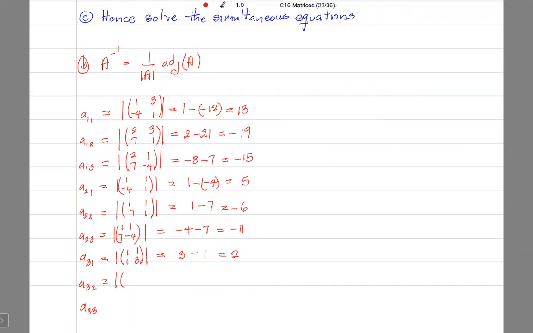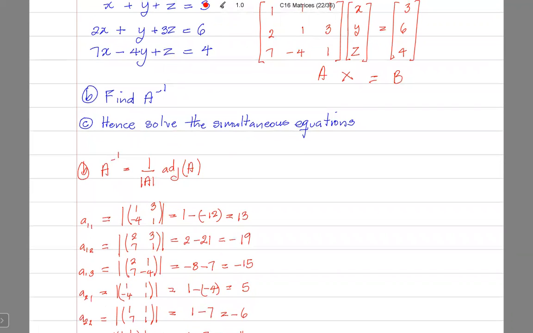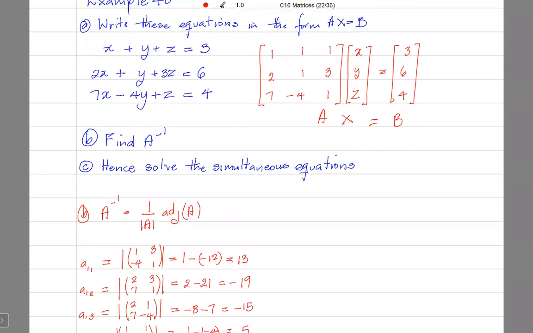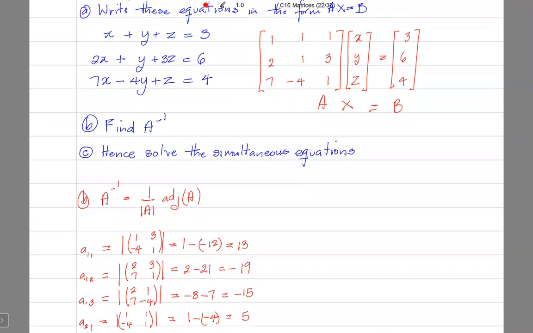So this is 3 minus 2, which is 1. Lastly, 1, 2, 1, 1.